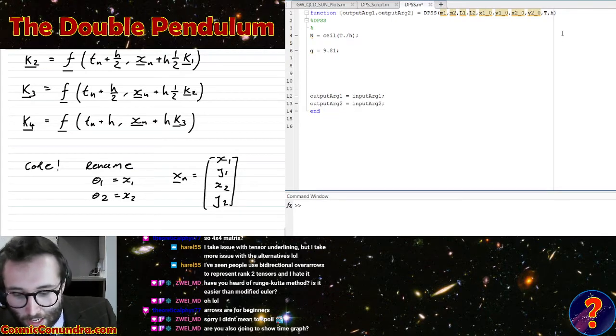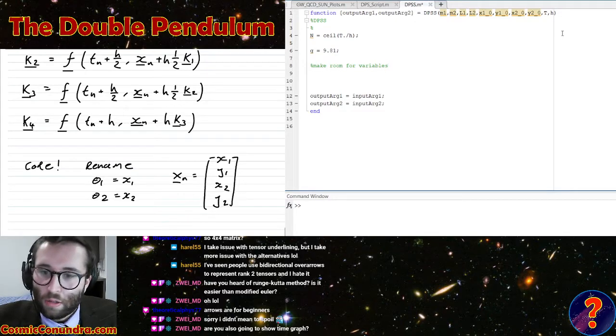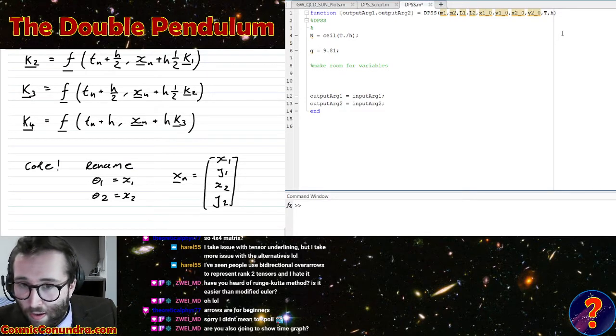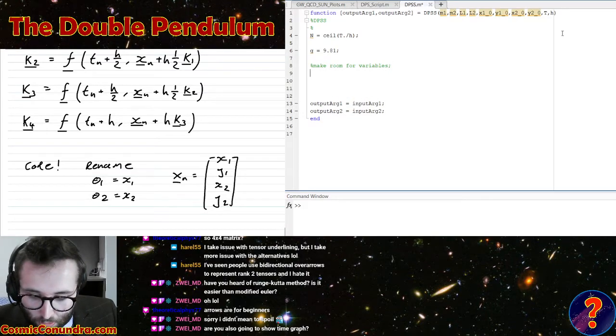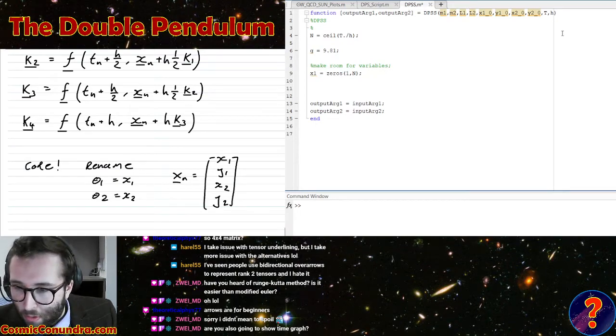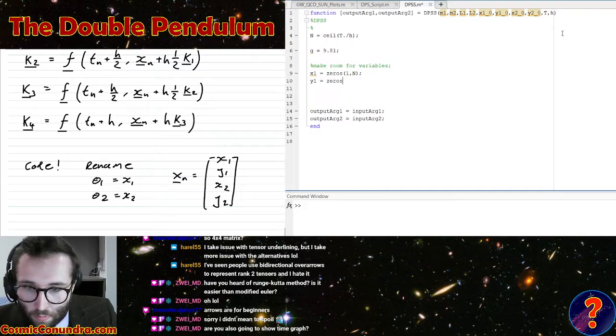Then, as a sort of standard practice, because we're going to be producing a long grid of the position of every particle for each of these n grid point times, I want to make room for these variables. So I'm going to make room for the x1 variable, which remember is theta1. I have to do the same thing for y1, which is theta1 dot at all these different time grid points.